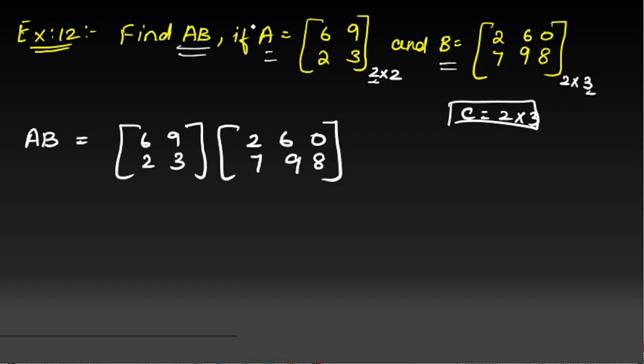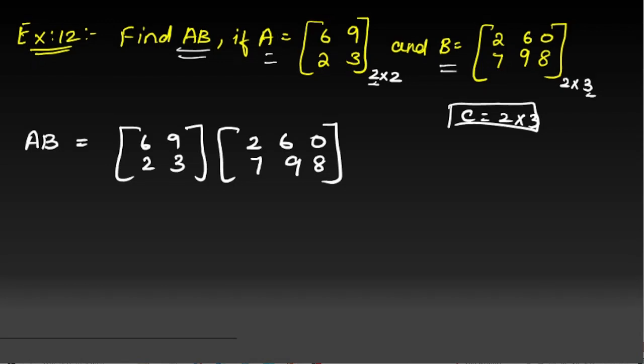Now, how to find AB? First you have to have A and second you have to have B. Now, listen here. First, for A you have to consider the rows, and for B you have to consider the columns. Already we have done a number of questions on solving multiplication. So first consider the rows and then the columns.